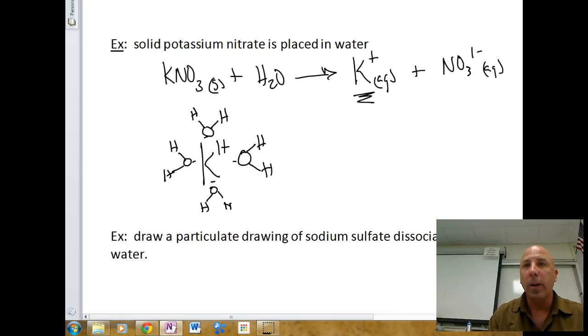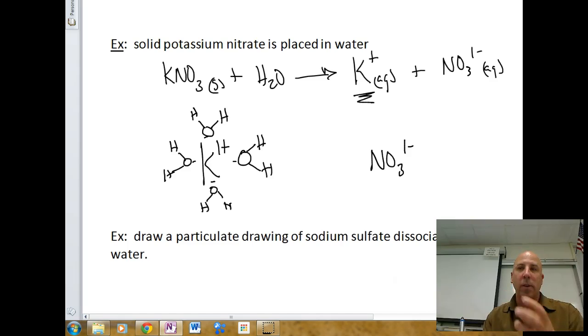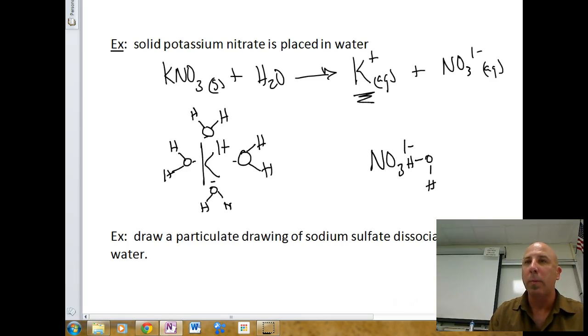Now, if we take the nitrate ion, it has a negative charge. Now the water molecules are going to orient themselves in a different way. So now we're going to get the hydrogen being attracted to the nitrate because the hydrogen is slightly positive. And so maybe we have a hydrogen over here.